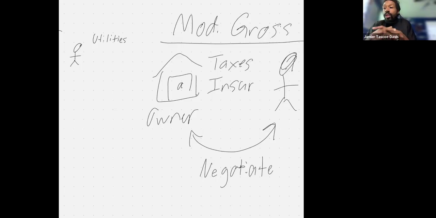So the modified gross lease, with me, it would have to be a solid business, if I were to even go that route.